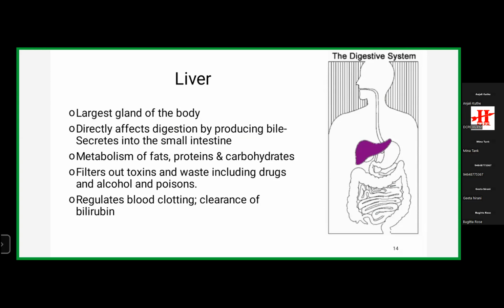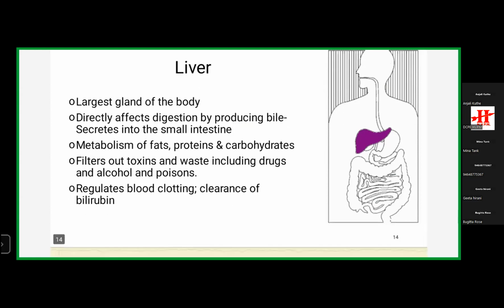It affects digestion by producing bile. Metabolism of fat, proteins, and carbohydrates takes place here. Also, the liver plays an important role in removing toxins and waste materials, like various poisons and the waste materials formed during metabolic processes. It regulates blood clotting and more.